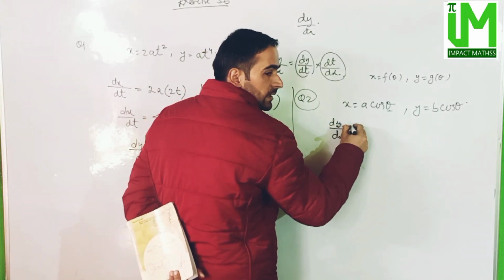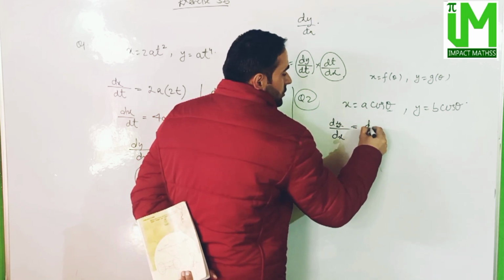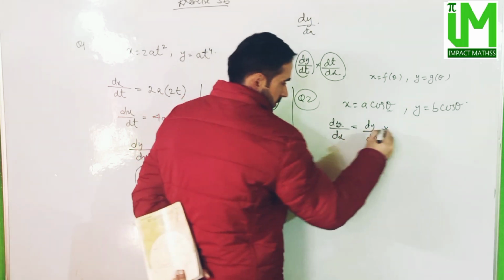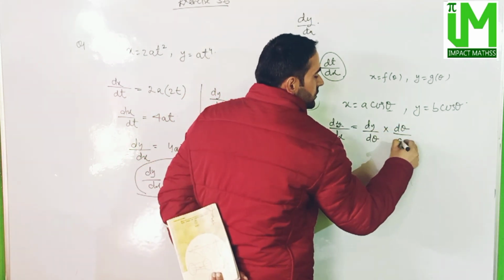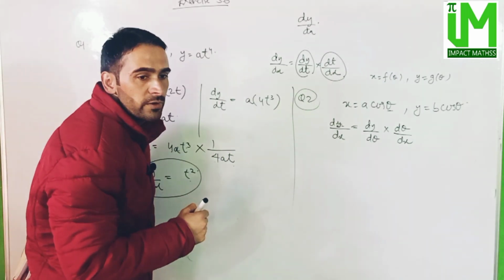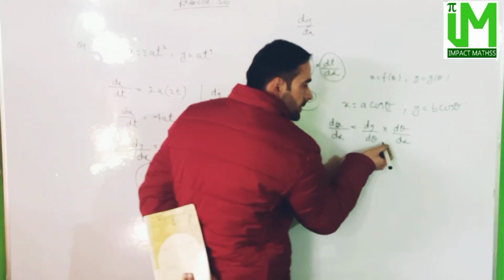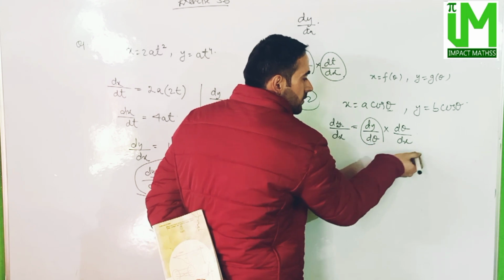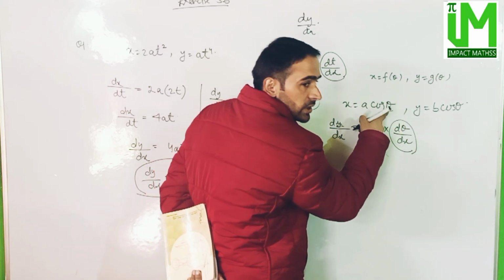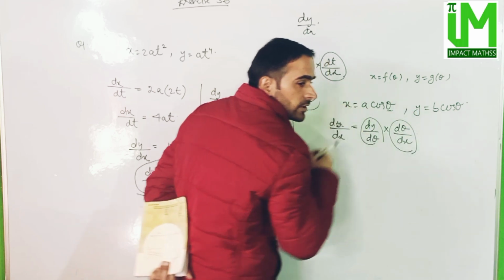What will be dy by dx equal to? dy divided by d theta into d theta divided by dx. So dy by dx is dy by d theta divided by dx by d theta, which means we have to differentiate this with respect to theta.